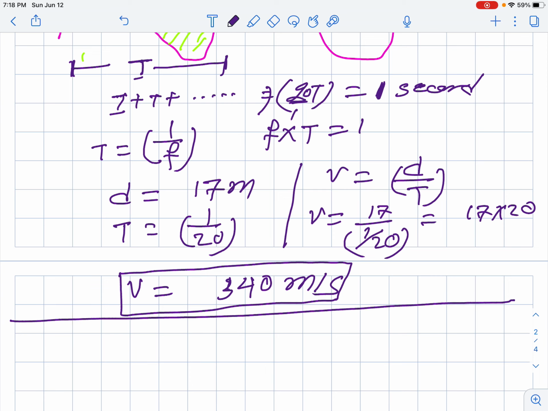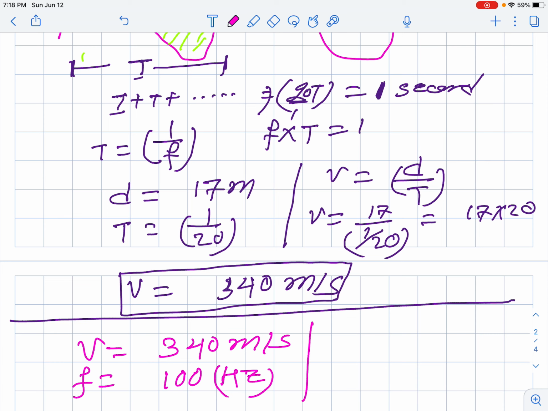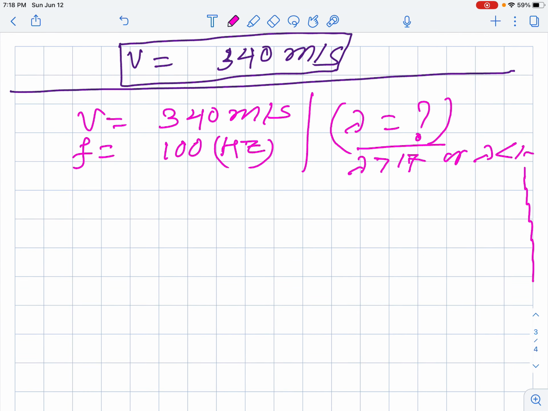If the velocity is always the same, but we change the frequency of the sound to 100 hertz, what is the wavelength? Is the wavelength bigger than 17 or less than 17? You should find out. Okay. Thank you very much.